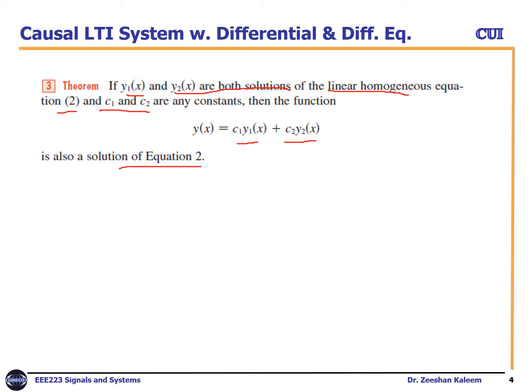It means that if you have two independent solutions y1 and y2 of the linear homogeneous equation, and c1 and c2 are any constants, then we can write y equals c1 y1 plus c2 y2. The combination of these two will be the solution of that homogeneous linear equation.